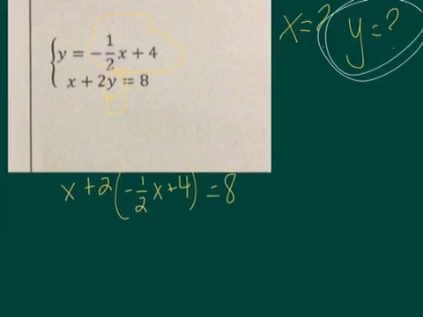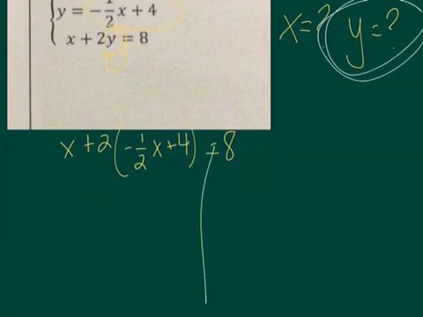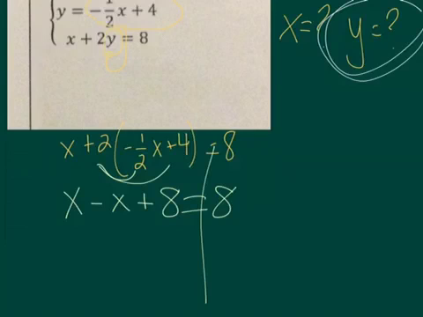If I draw my line down my equal sign, distribute the 2, you should have had x minus x plus 2 times 4 is 8 equals 8. Right, 2 times negative 1/2 in the calculator should have given you negative 1.